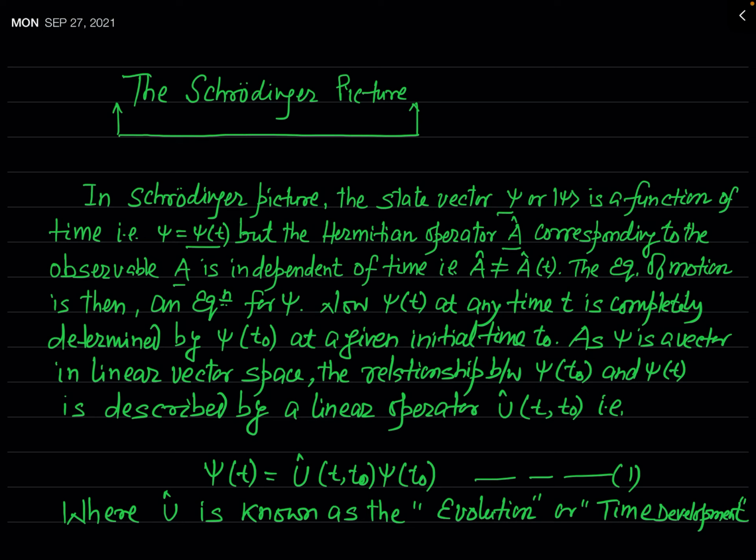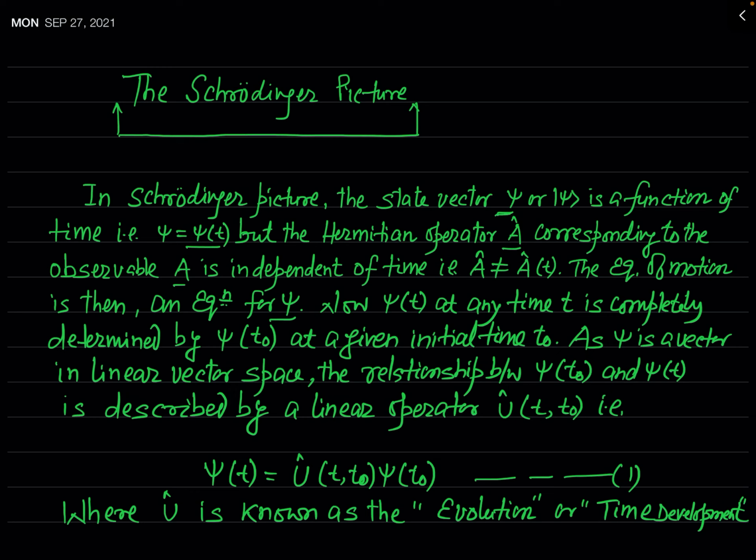Since in this picture psi is a function of time, the equation of motion of the system will be an equation for the state vector psi, not for the operator A hat.